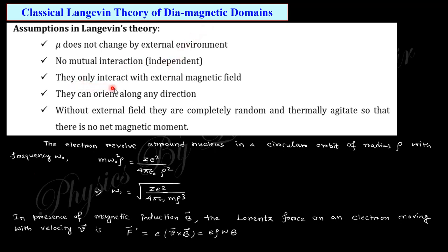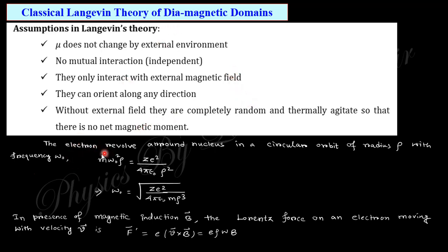Third, they interact only with the external magnetic field. Then they can orient along any direction, that is, continuously, and without an external field they are completely random and thermally agitated, so there is no net magnetic moment. So in the case of diamagnetic material, the net magnetic moment without an external field is 0.